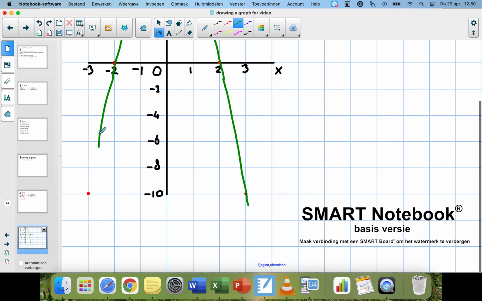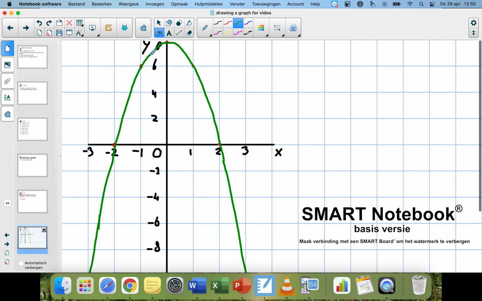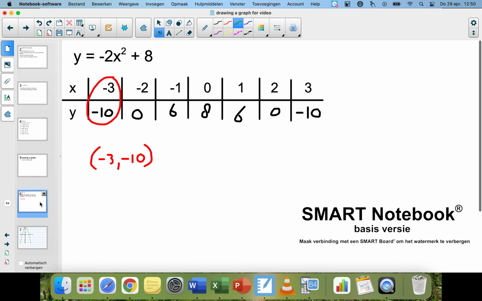And you see it's a bit wiggly, it goes a bit wrong here, but it clearly is a parabola. It's a downward facing parabola. It's a frowny face parabola, een bergparabool in het Nederlands. And we already should have known that because there's a minus in front of the x squared.